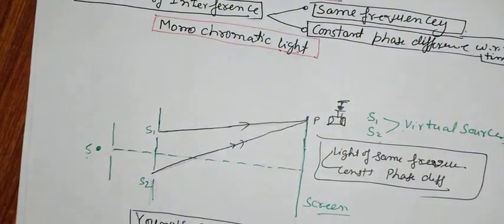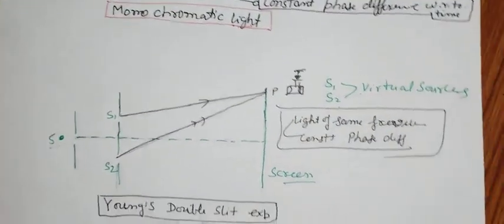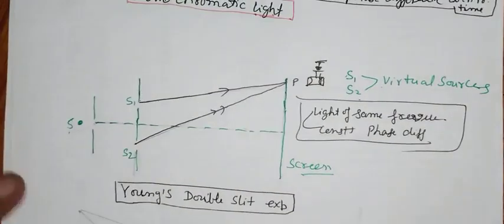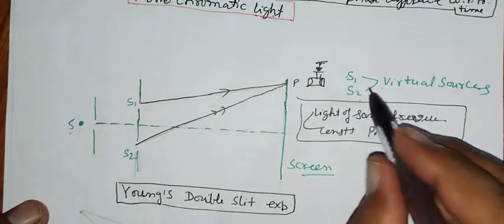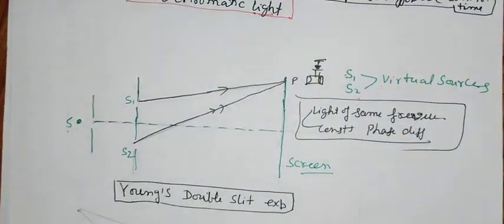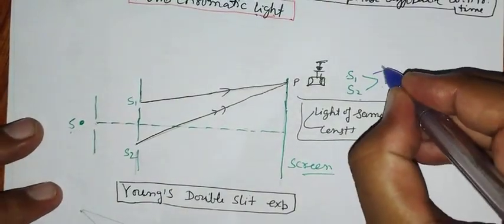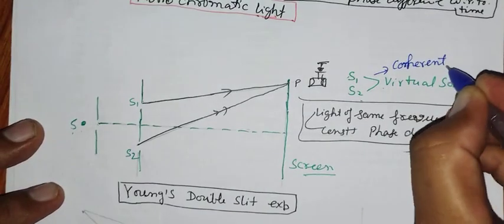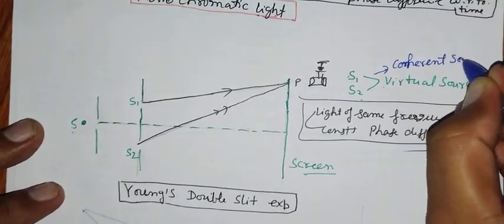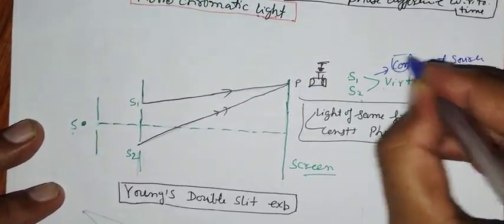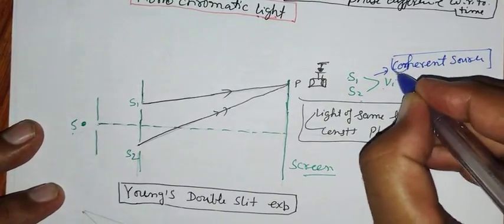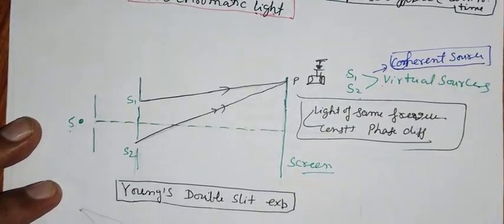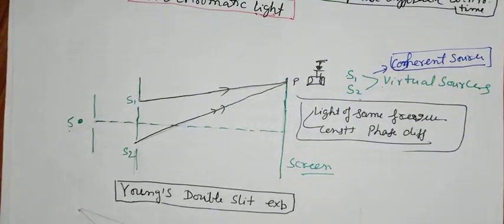When this situation occurs, see carefully, these two virtual sources are said to be coherent sources. Here both virtual sources are coherent sources in this case.